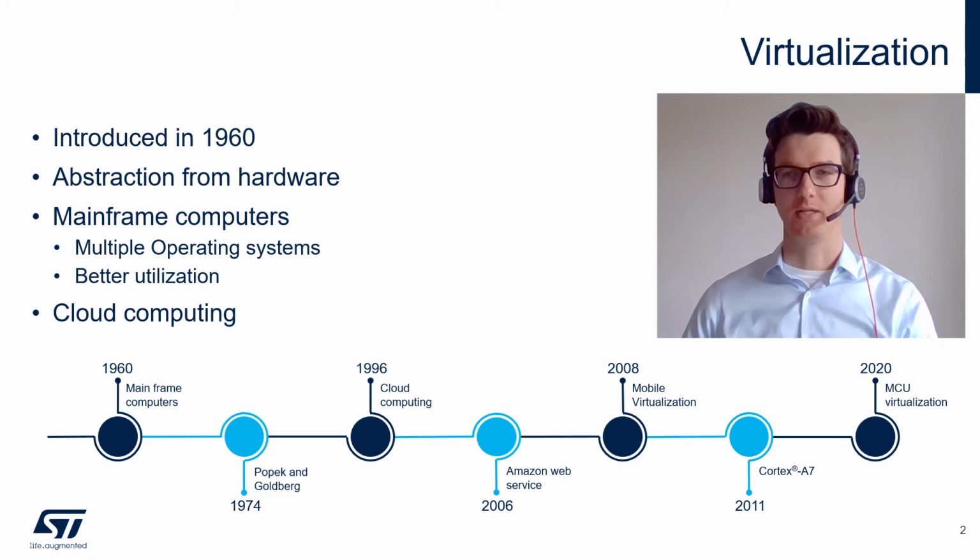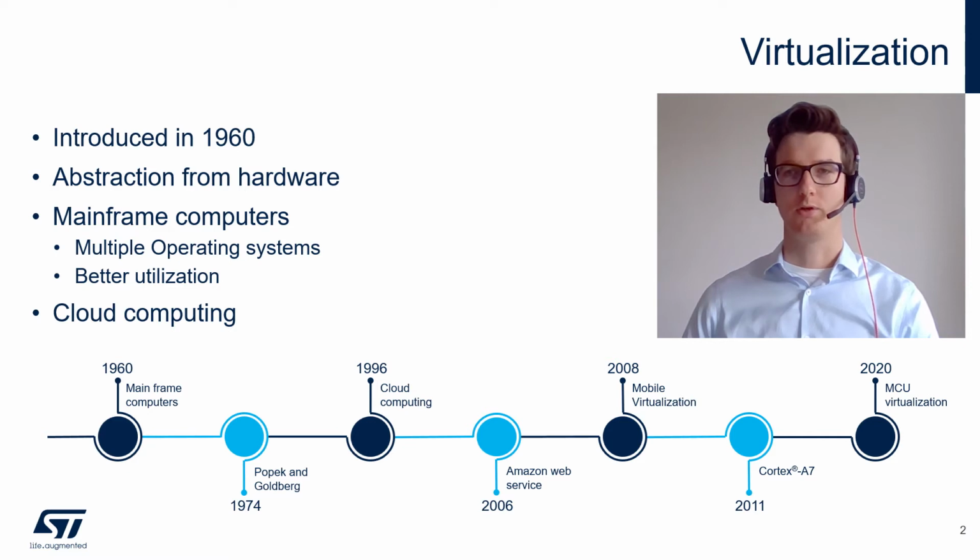20 years after that, the first cloud computing was referenced in an internal document of Compaq. That was in 1996. Amazon came with their web services 10 years later, and already 2 years after this, virtualization for mobiles was introduced.